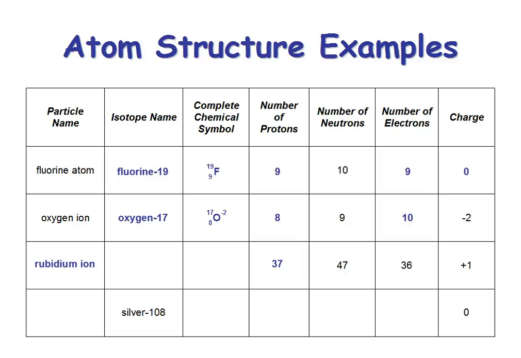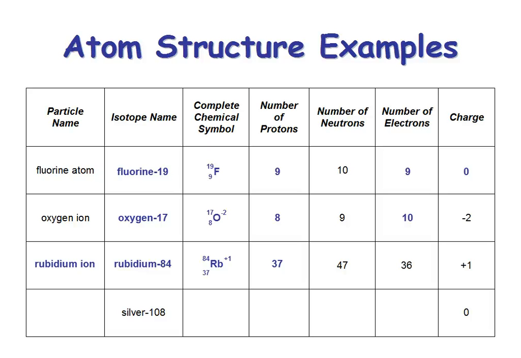Rb would go in the center, and then we would put the protons, our atomic number, in the bottom left-hand corner, 37. The top left-hand corner would be our protons plus neutrons, which would be 84. And our charge, which would be +1, would go in the top right-hand corner. As an isotope, this would be named rubidium-84.